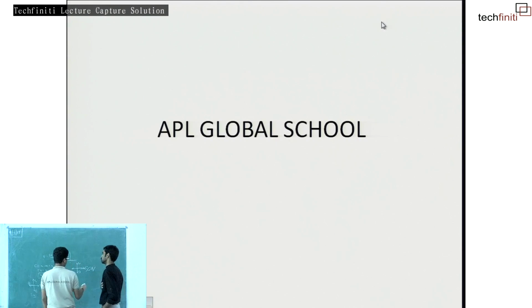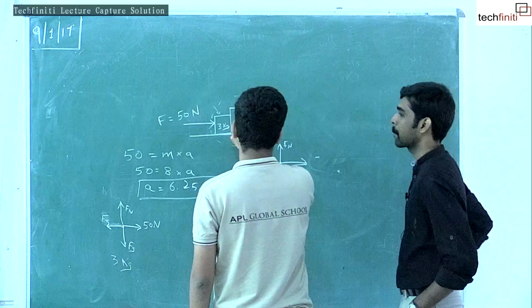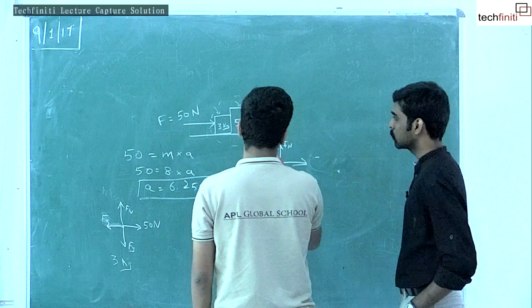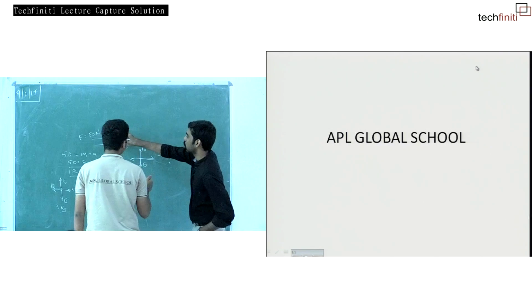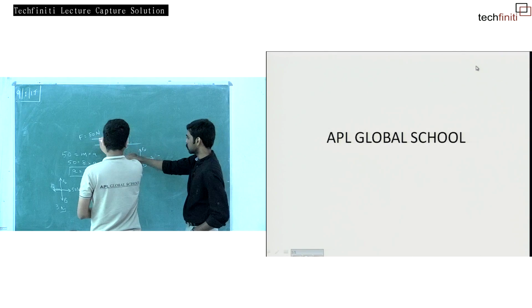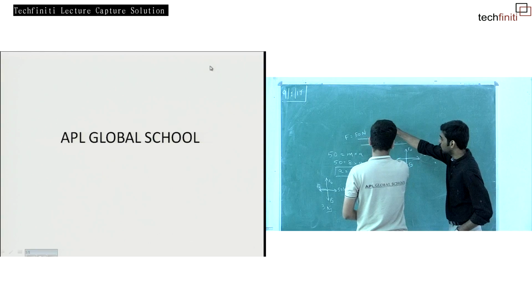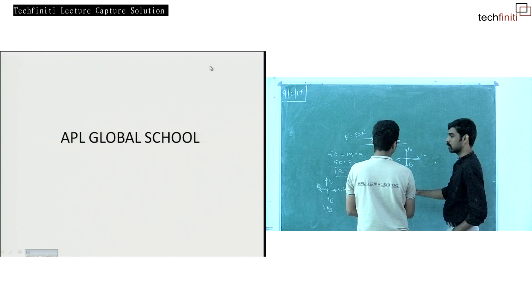There is no interaction of the 50 newton force with the 5 kg directly. See, this is 5. What are all the contact forces here? Its weight, a normal force, and we have the force given by 3 kg over the 5 kg. That is the only force.